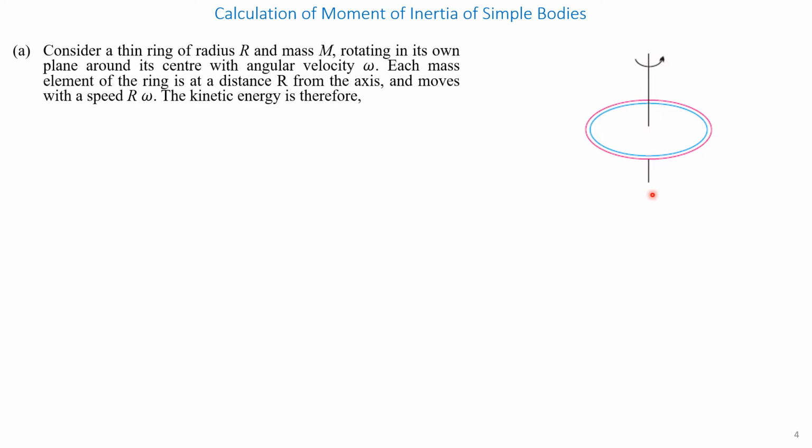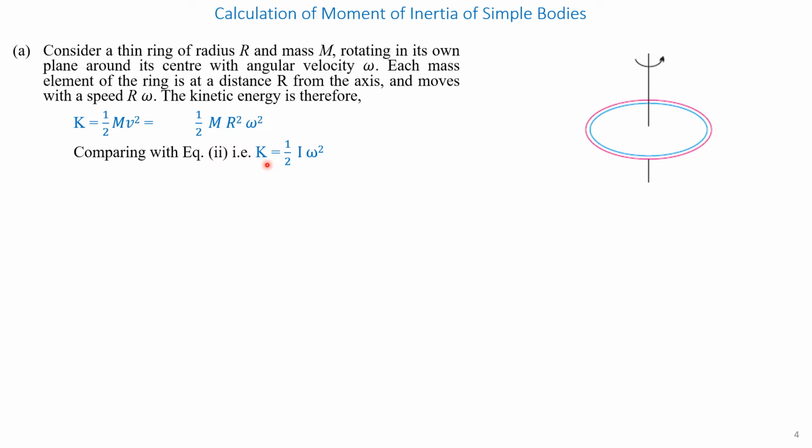This black line is the axis, and the ring moves with a speed of R into omega. The kinetic energy is therefore given by capital K is equal to half of m into v square, where v is the linear velocity. And again, in terms of rotational motion, its kinetic energy is half of m into r square omega square, where omega is the angular velocity.